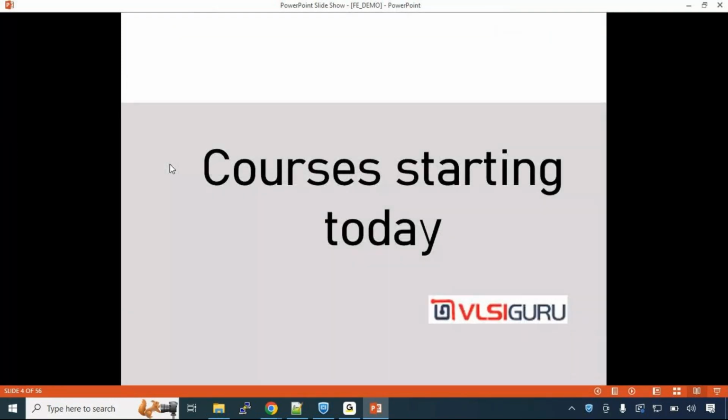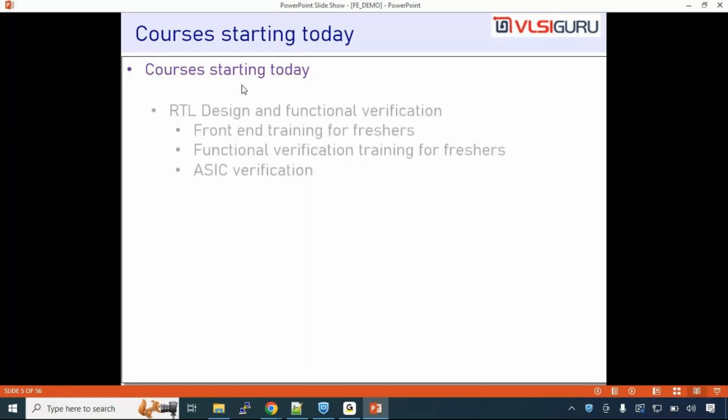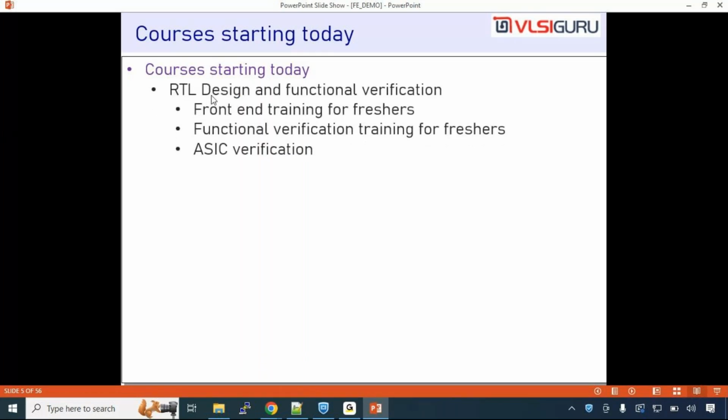What courses are starting today? Let us understand that. One is the RTL design and functional verification training. The same course is also called front-end training for freshers, functional verification training for freshers, and ASIC verification.